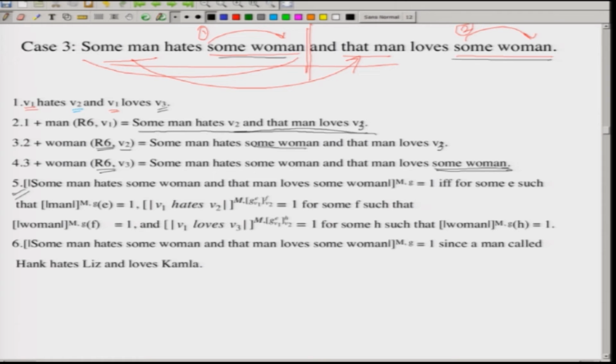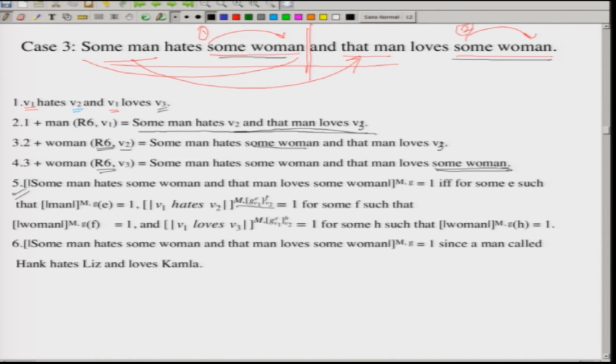What is the truth condition? If and only if for some E such that E is a man, V1 hates V2 with respect to this whole thing, that is M, G E V1 F V2 is 1, for some F such that F is a woman.